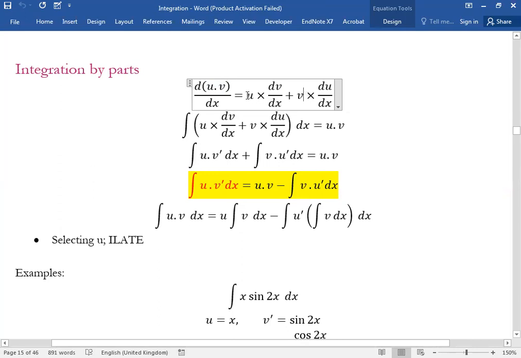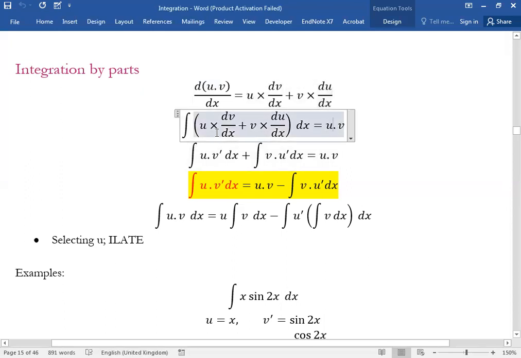Now can I say that if I integrate this entire thing, I'll again get u into v. The formula is provided, so don't worry about it. I'm just explaining how we got there. सही है ना? So if I integrate this entire thing, will I get u into v?